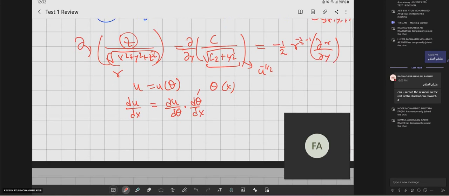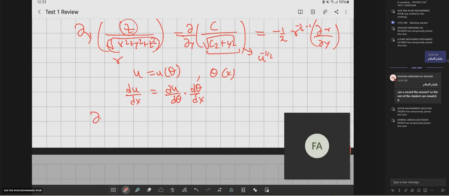Using the chain rule, partial y of z over r is simply z times r raised to 3 halves, which comes from the derivative of this, and the partial r with respect to y. Remember r is x squared plus y squared plus z squared.